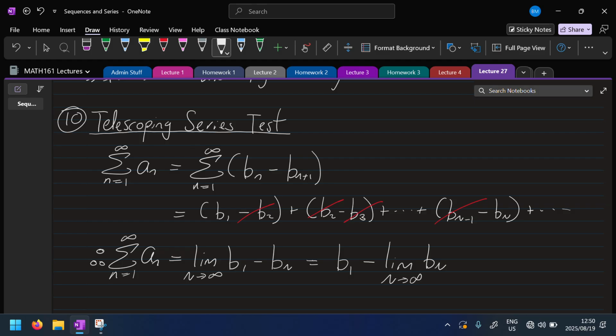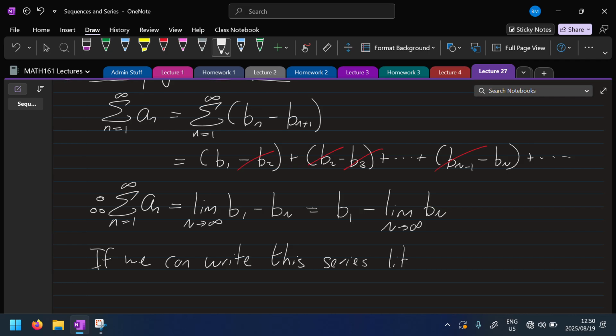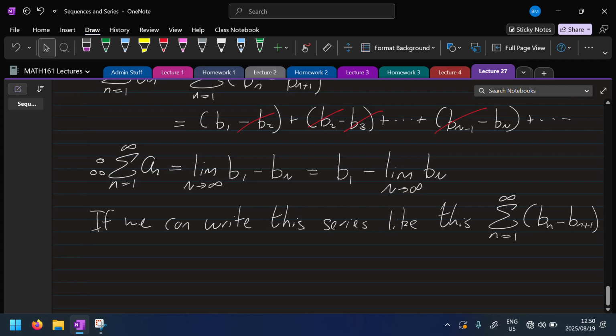So we know it converges. If we can write the series like this, then it is convergent, and we know the series value.